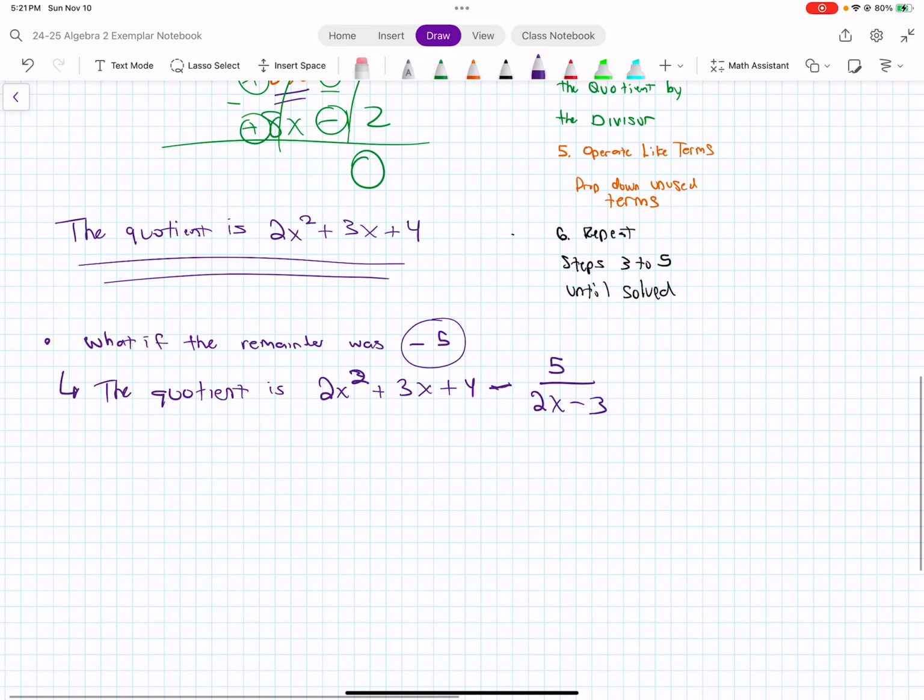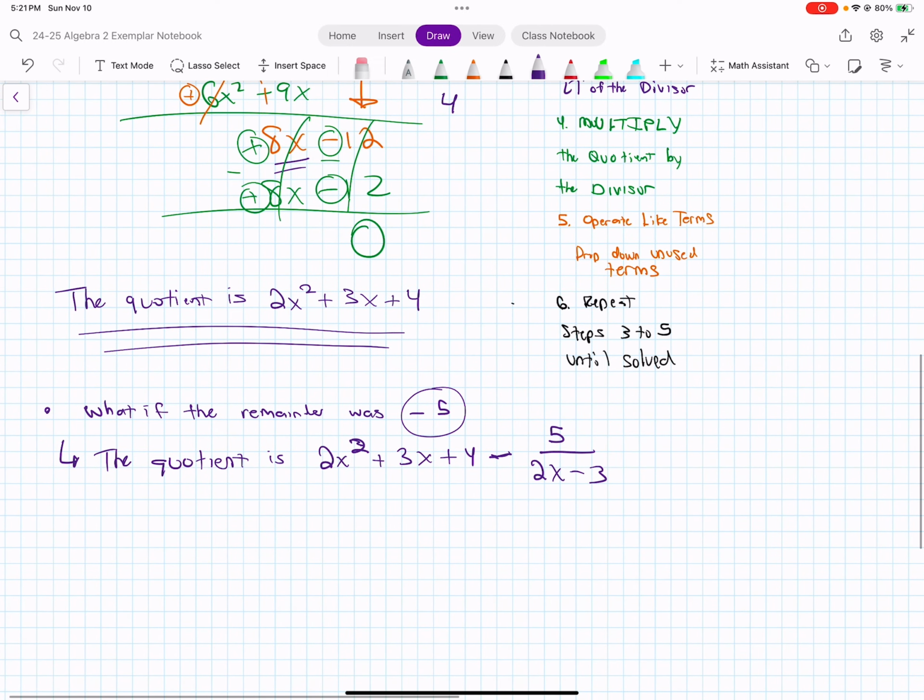All right. And so the question then also becomes, what if the remainder was negative 5? The quotient would be 2x squared plus 3x plus 4 minus 5 over 2x minus 3. Notice how my negative is not in the numerator, it is still just being operated. And if this was a positive 5, it will look like this.